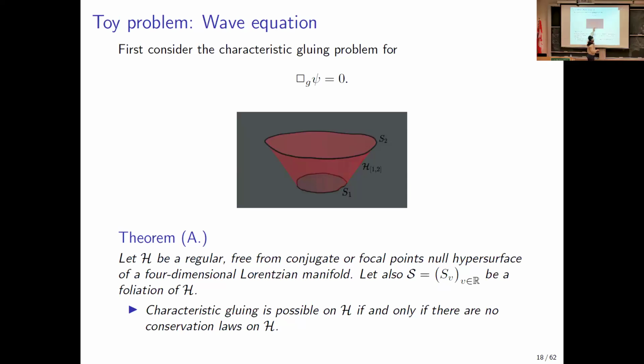And space-time derivatives at S1, I can also prescribe them here, and space-time derivatives for psi, I can also prescribe them here. And I ask, is there a way to extend psi on the null hypersurface connecting S1 and S2 so that the wave equation makes sense for psi?